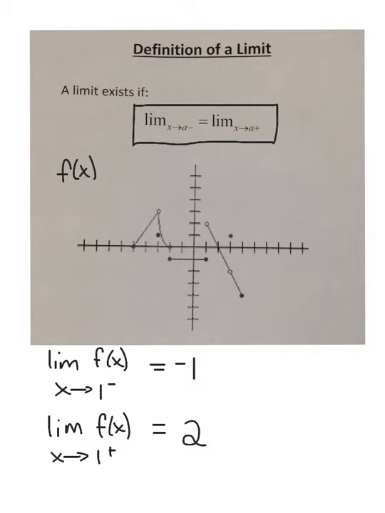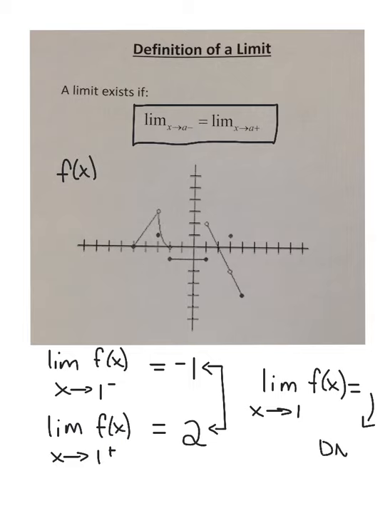So in that case, since these guys are not equal, then we would say the limit of the function as x approaches 1. Now notice I don't have a little minus after it or a plus after it anymore, okay? I can't fit it, so I'm going to write equals, and I just have to stick it down here. Does not exist, okay?